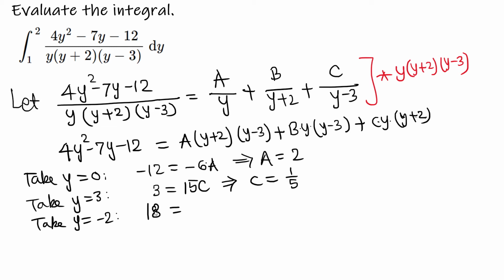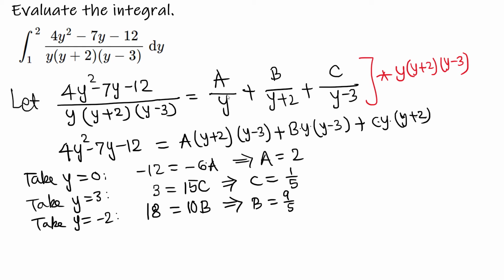Equals negative 2 plus 2 is 0, so this term is 0. This is also 0. Here negative 2 times negative 2 minus 3, negative 5. Negative 2 times negative 5 is positive 10, so 10b. That means b equals 18 divided by 10, which is 9/5, if you cancel the common factor 2.